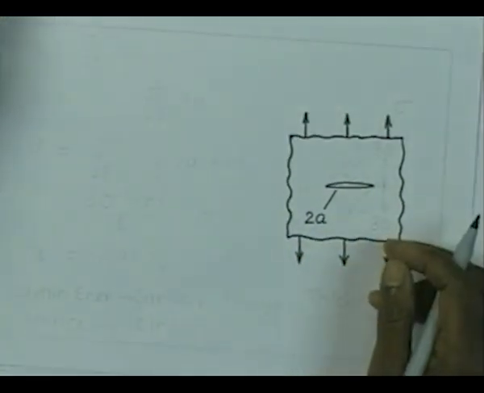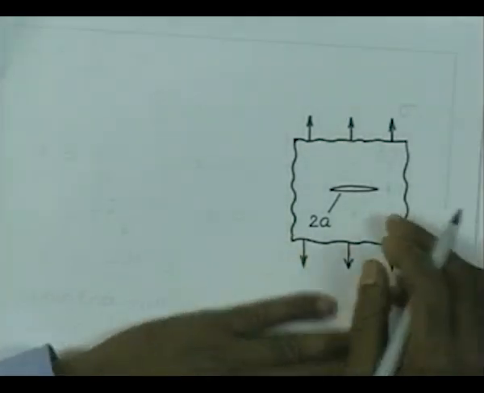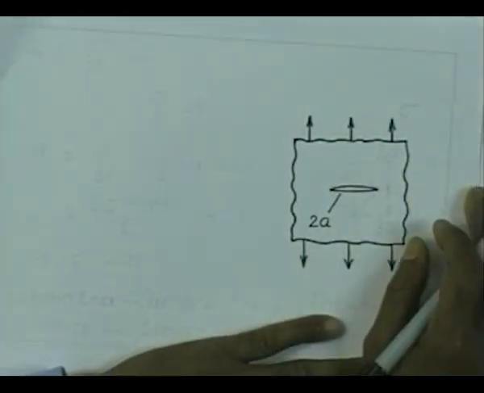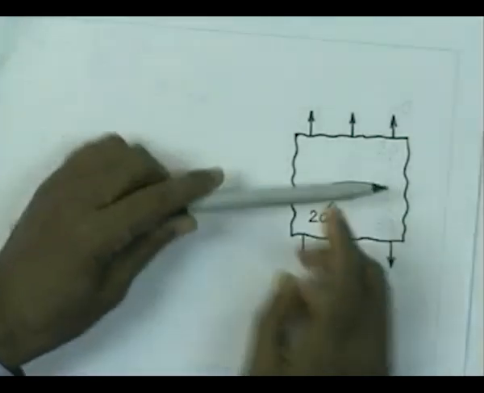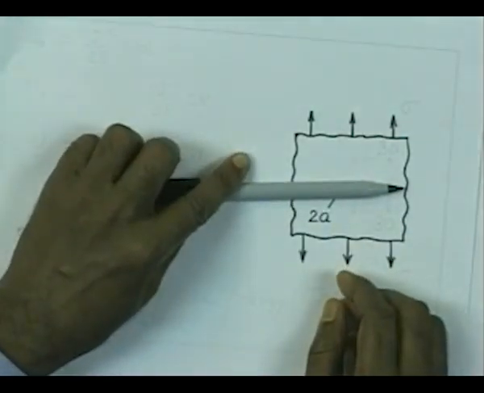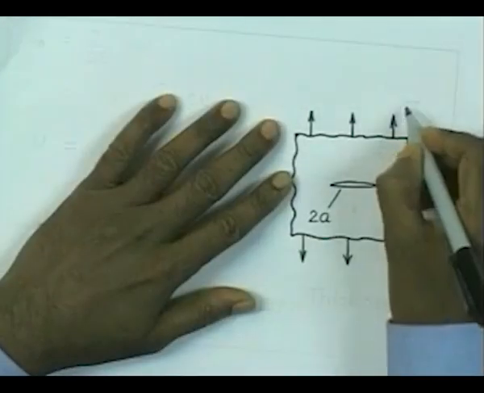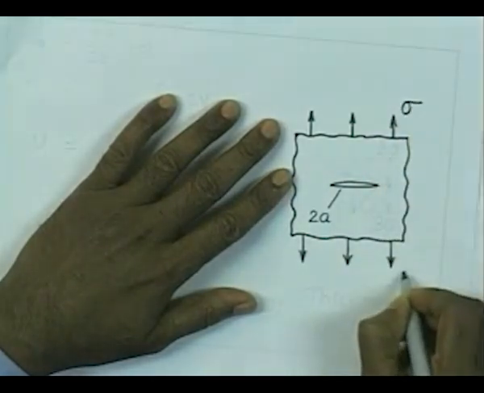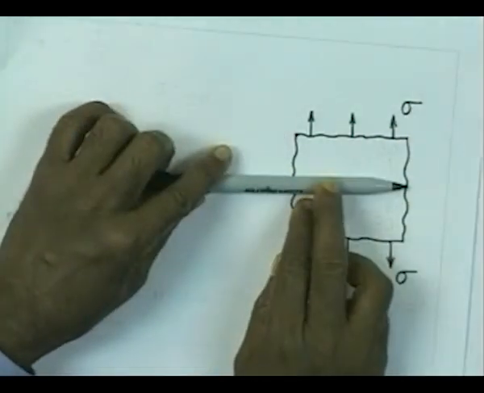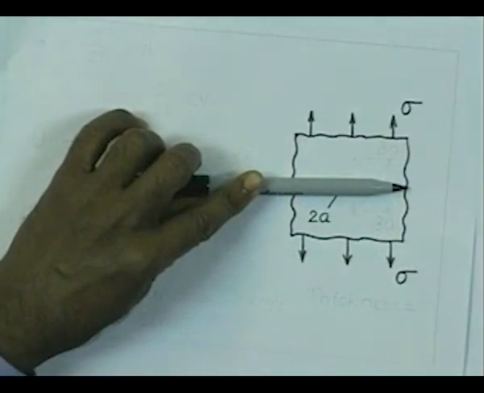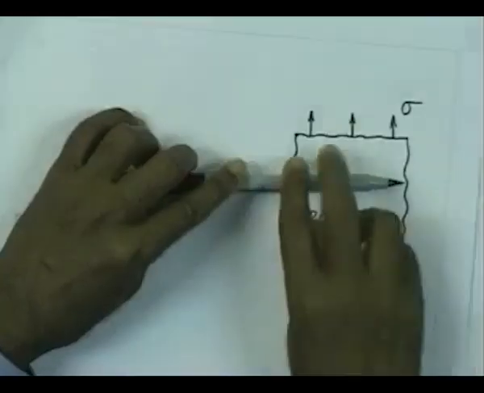If you consider for the moment that this particular component does not have any crack in it, and it is loaded with stress equal to sigma, then, it being an uncracked component, the strain energy density at any point is going to be sigma square by 2E, and therefore, the total strain energy stored in the body would be equal to sigma square by 2E multiplied by the volume of the body.